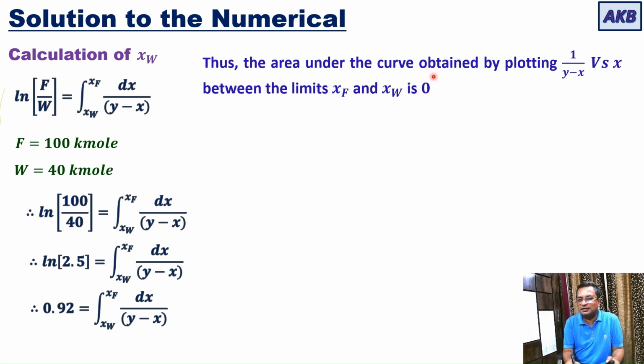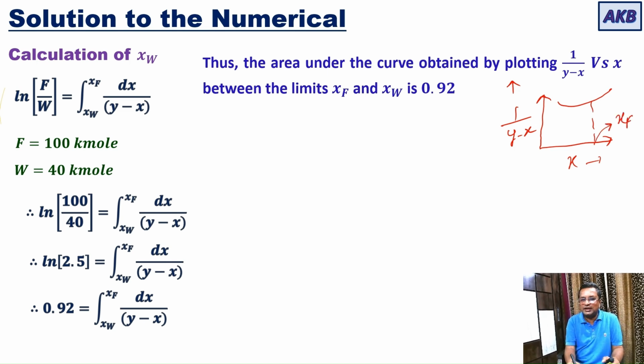The area under the curve is obtained by plotting 1 upon y minus x versus x. So you must be remembering the graph is plotted in this way. On the y-axis you are going to plot 1 upon y minus x, and on the x-axis you are going to plot x. So this limit is XF, and now you know the area under the curve, that is to be fitted between XF and XW.